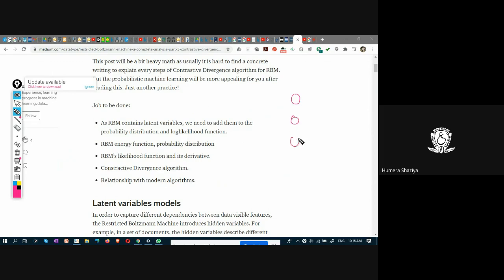Like these are the nodes in this visible layer. These are the nodes in hidden layer, and these are connected. And how this training is performed in RBM is the topic of discussion now.